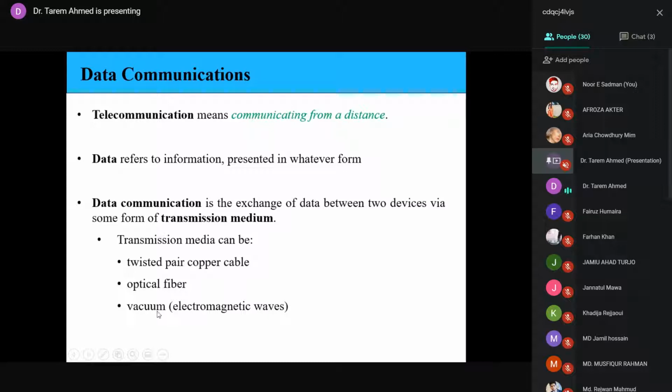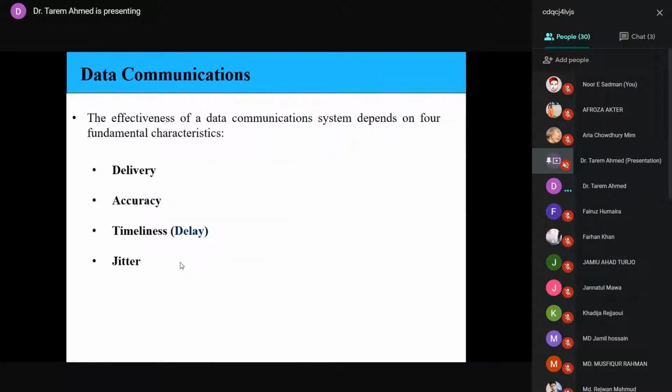Within wireless, written here is vacuum, but typically it's precisely vacuum only in satellite communication where you communicate to a satellite. Within the earth, it's not vacuum, it's through the air, but for practical purposes it's similar. So that is the wireless method, and then there is the optical fiber, and then actual electrical wire.